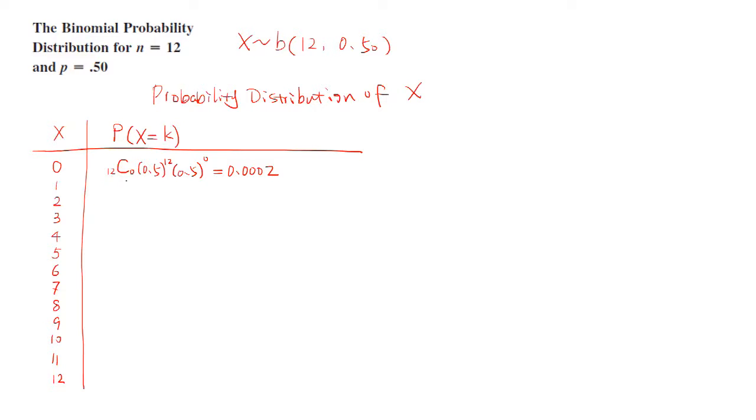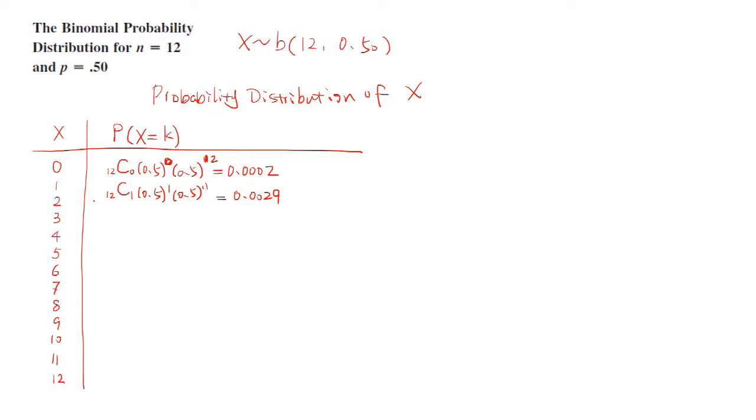The probability of X being 1 is C(12,1) times 0.5 to the 1st and 0.5 to the 11th, right? This value is 0.0029. And using the same method, we can calculate the probability of X being each value.